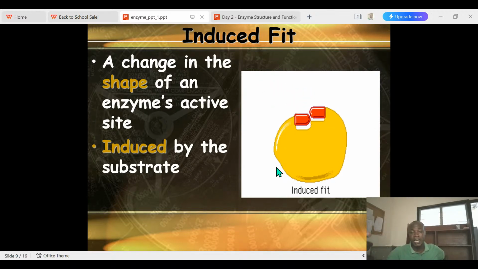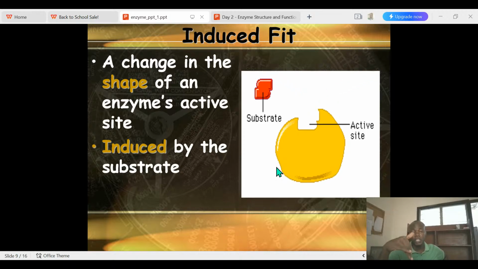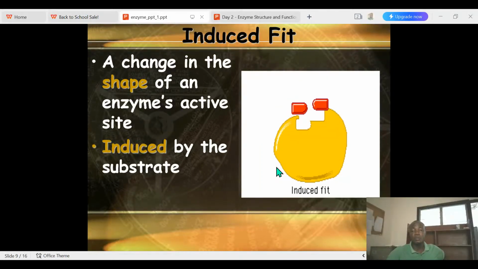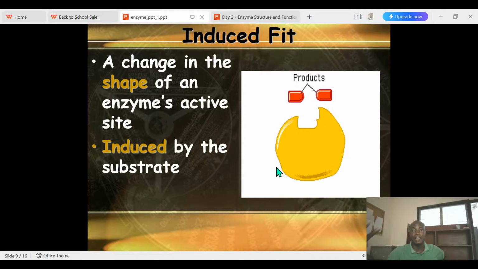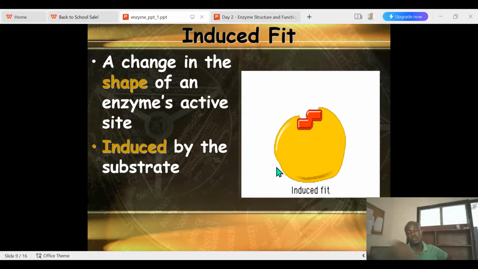As we continue the class, we will see how other models play out, like the lock and key model. In the case of the lock and key model, the theory says that the enzyme is like a padlock. We'll also talk about that.